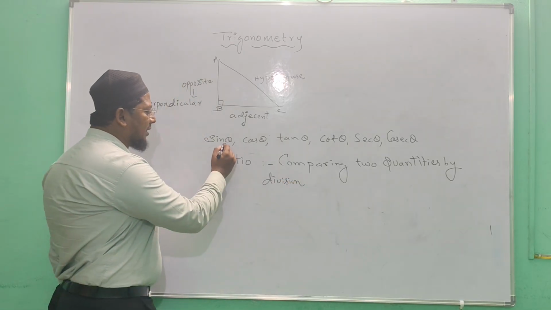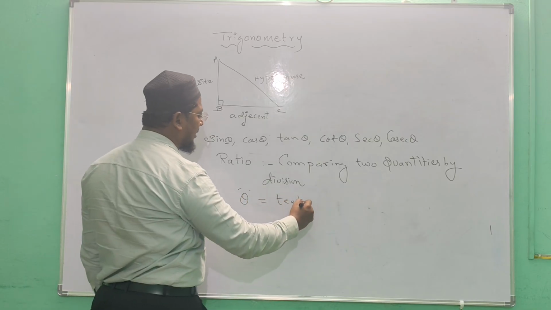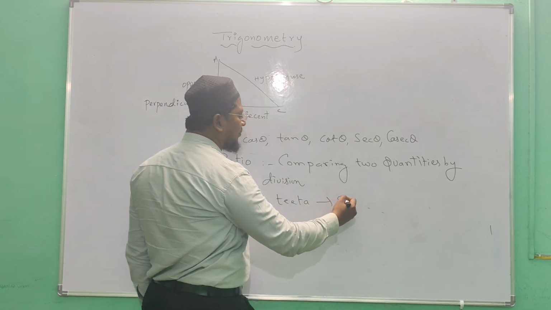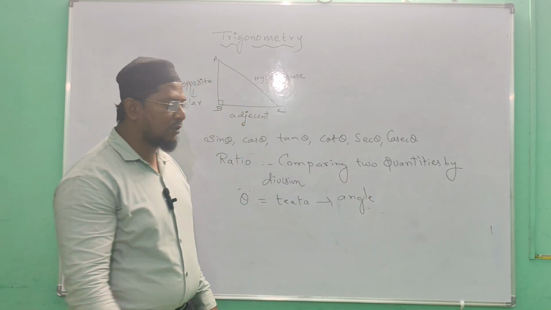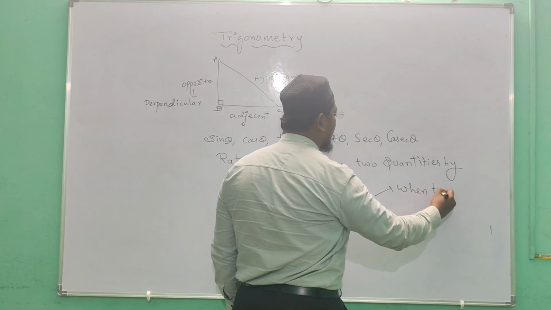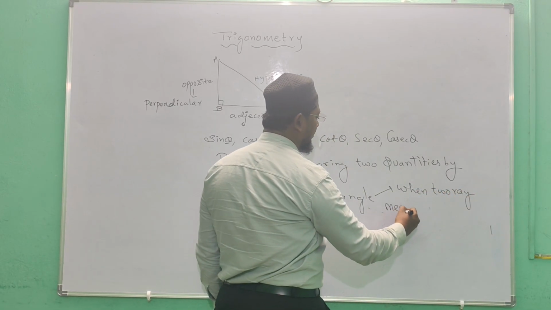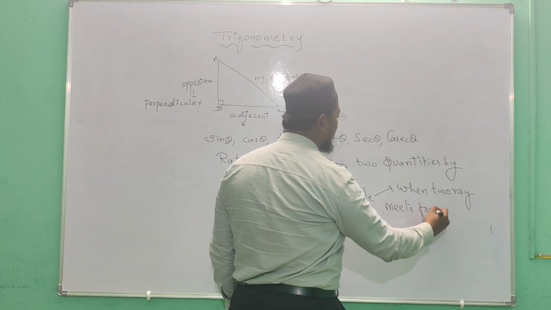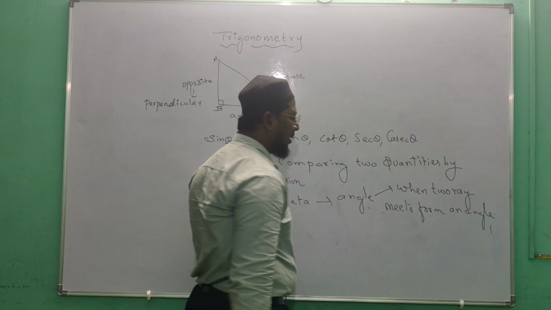And here we are seeing theta, T-H-E-T-A. Theta is a symbol of angle. What is an angle? We know that when two rays meet, they form an angle.